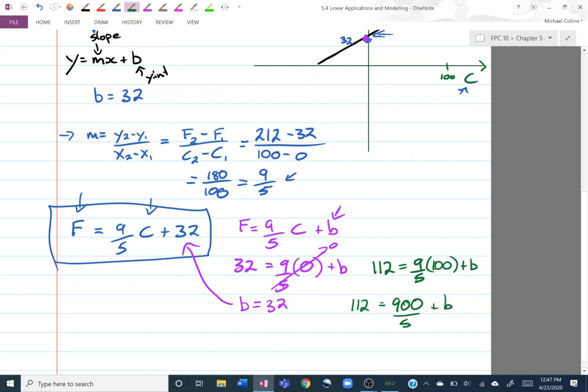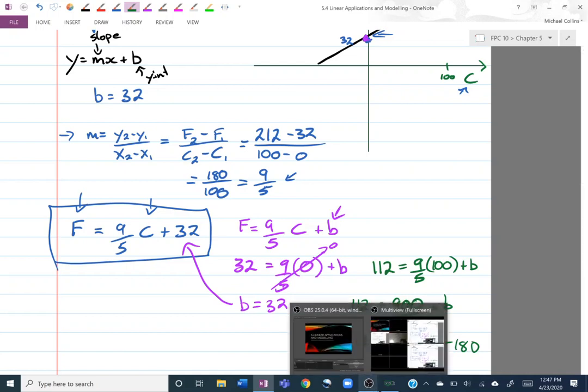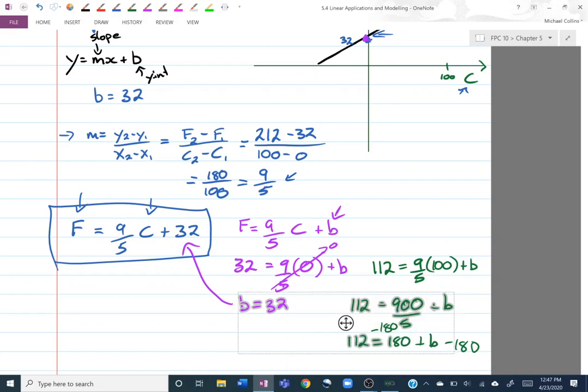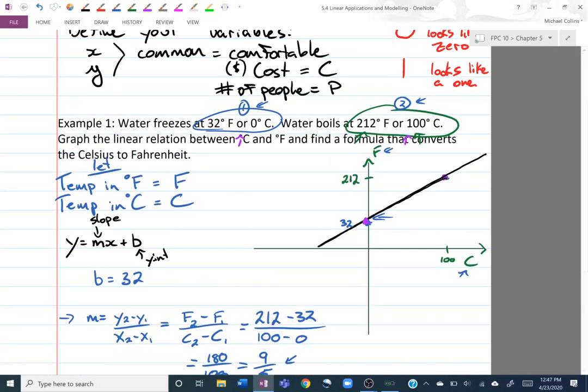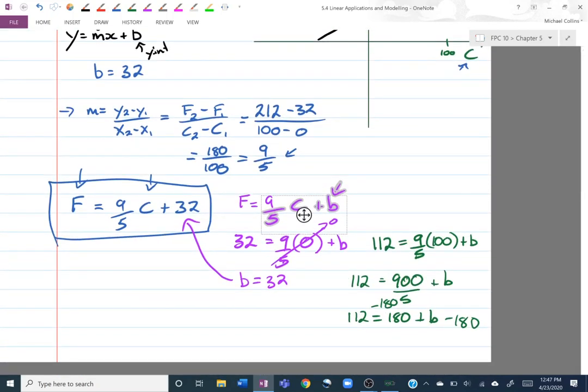Give me 1 second. I thought I had numbers typed in earlier, but I didn't have them all typed in. 900 divided by 5 is going to be 180. So I have 112 is equal to 180 plus b. Subtract 180 from both sides. I think I've made a mistake somewhere, and this is the fun spot-the-mistake game. 212.